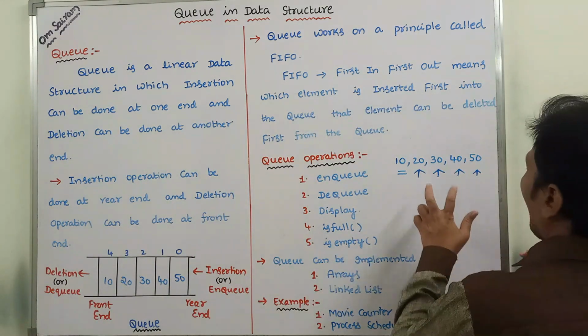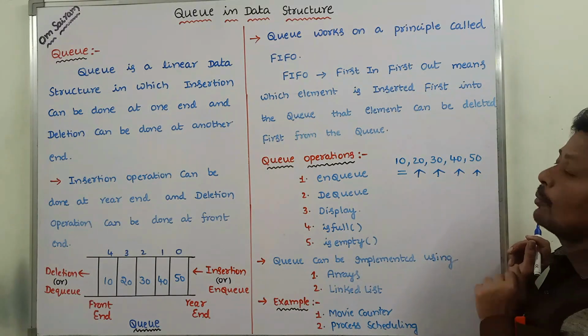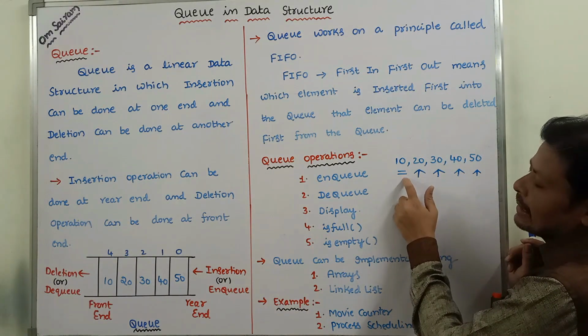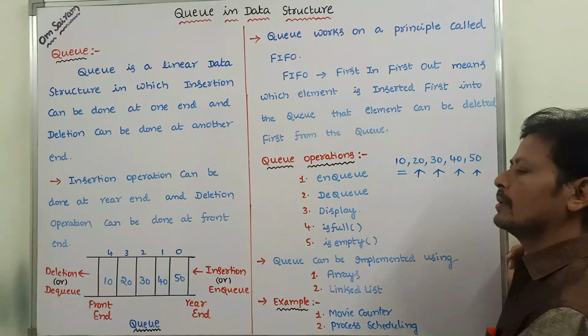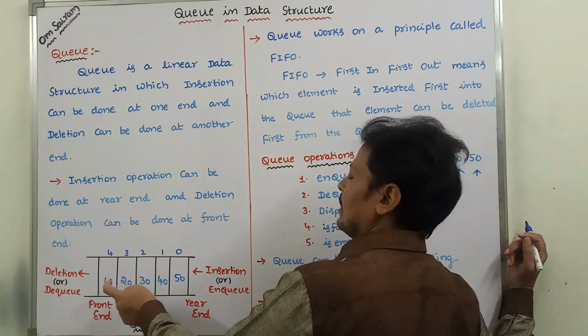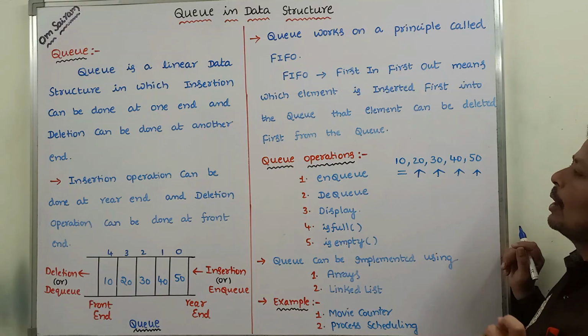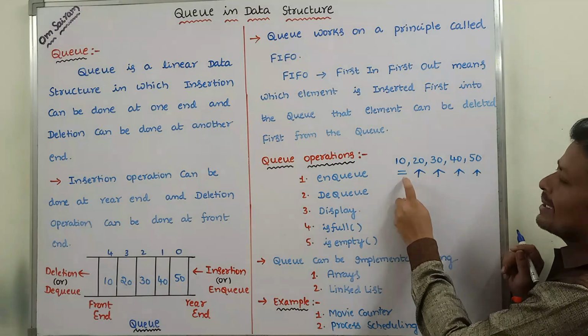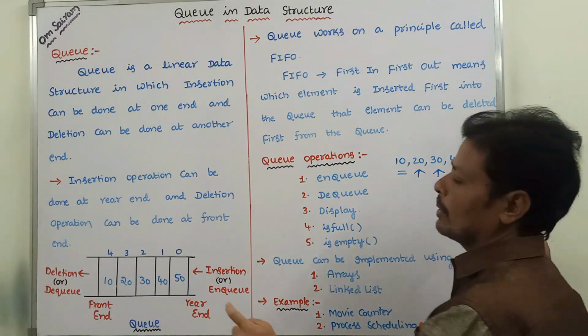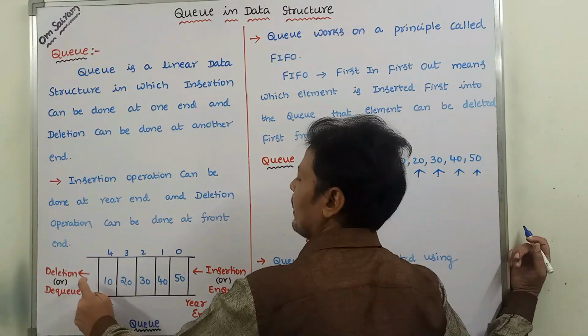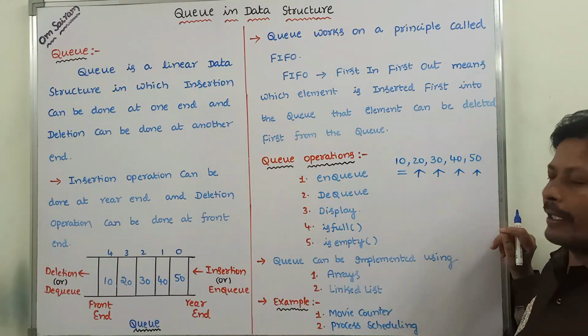Now, among these 5 elements, which element is inserted first into the queue? That is 10. So that element can be deleted first. Whatever the element which is inserted first into the queue, that element can be deleted first.